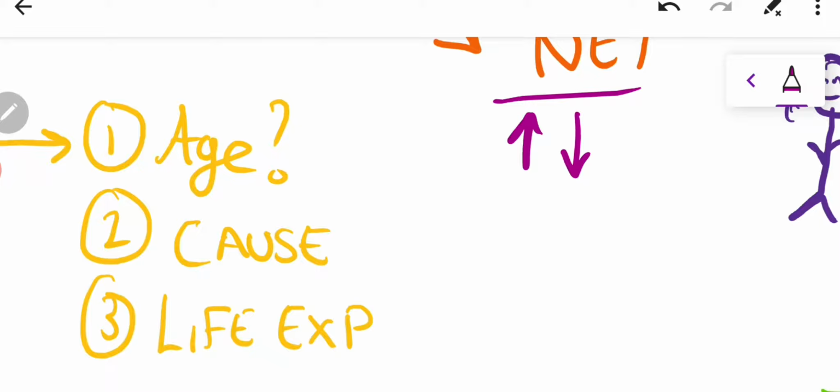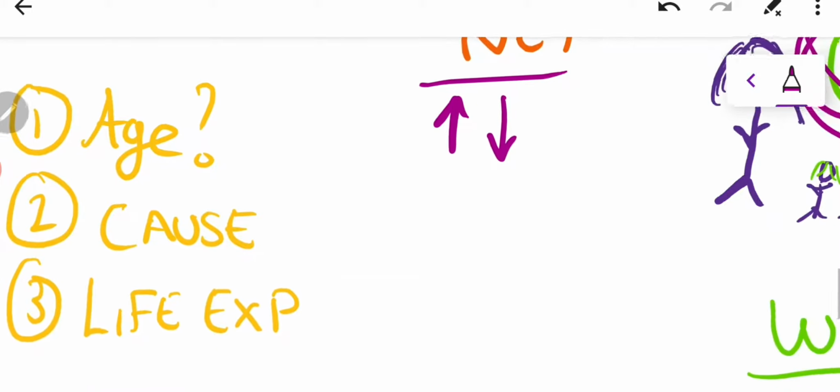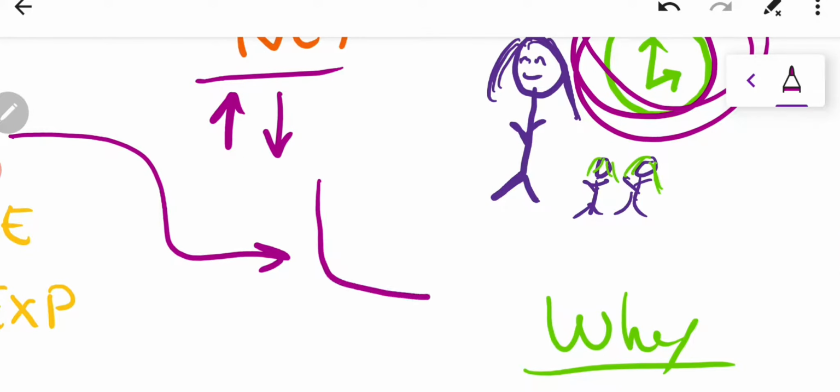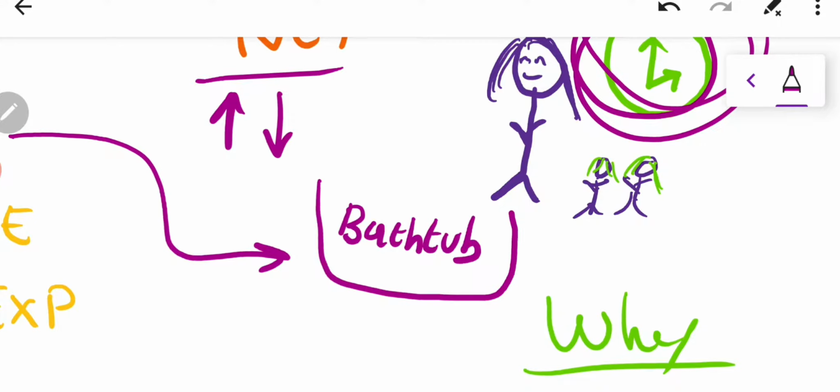So obviously, if you looked at the lecture, you would have seen this graph. It's the bathtub graph, and basically it's saying born, death. This is like 0 years, and this is like 100 years.